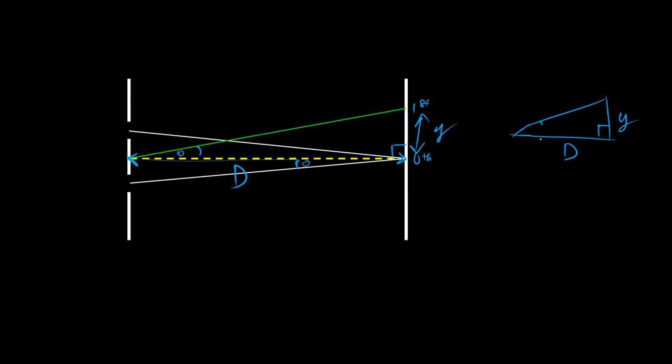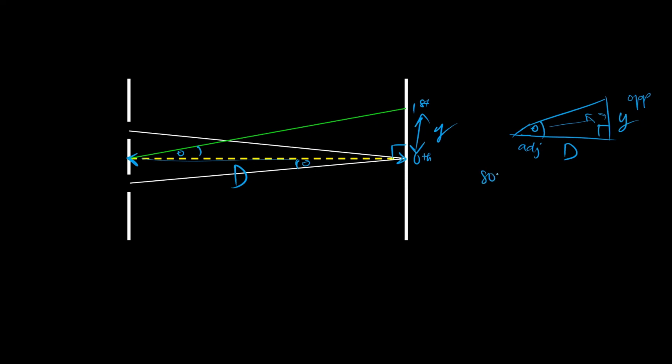So we can pick up what this is. From that, we can derive an equation. If this is the hypotenuse, this Y would be the opposite side, and here D would be the adjacent side.